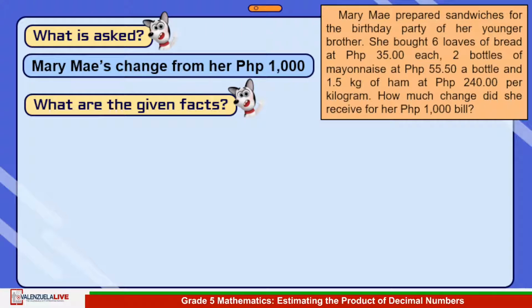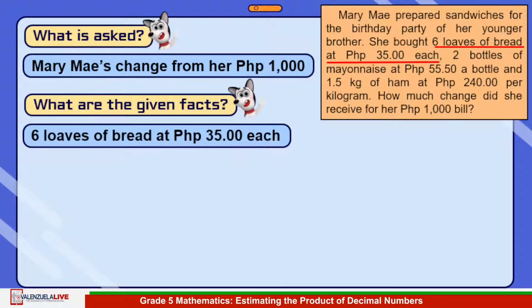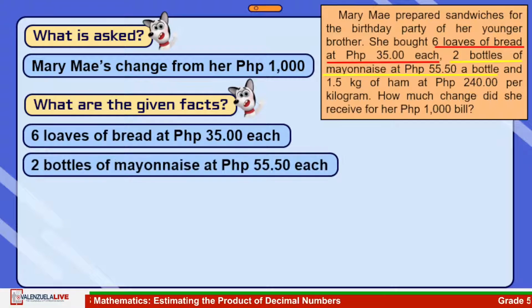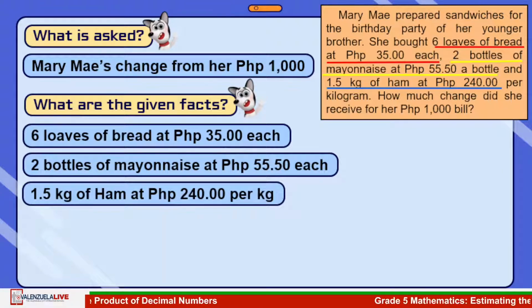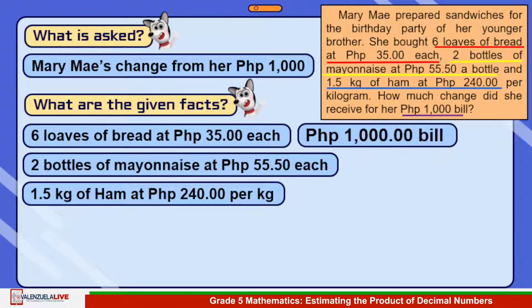Good job, grade 5. We have 6 loaves of bread at 35 pesos each, 2 bottles of mayonnaise at 55 pesos and 50 cents each. We have also 1 and 5/10 kilogram of ham at 240 pesos per kilogram, and of course, the 1,000 peso bill.